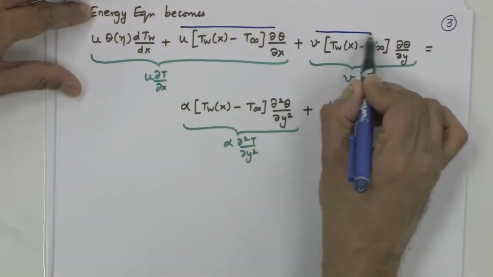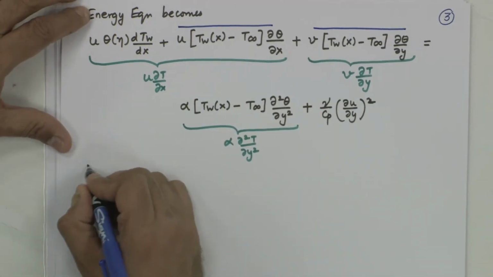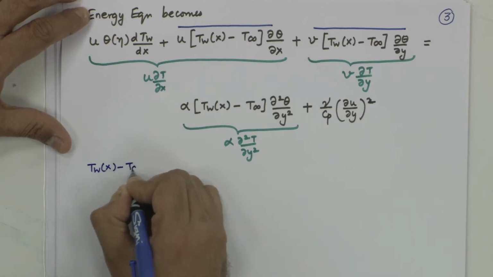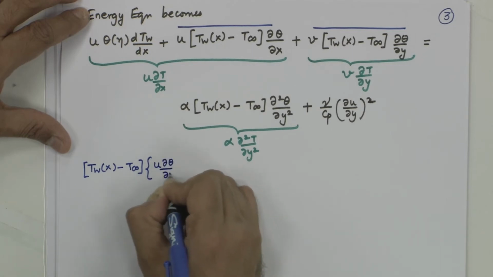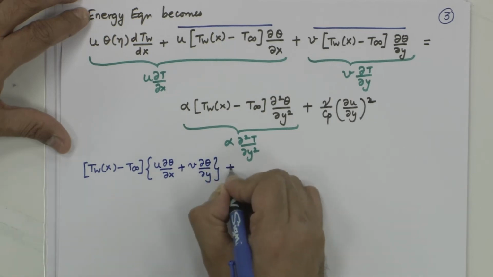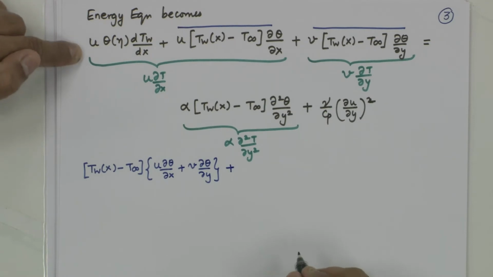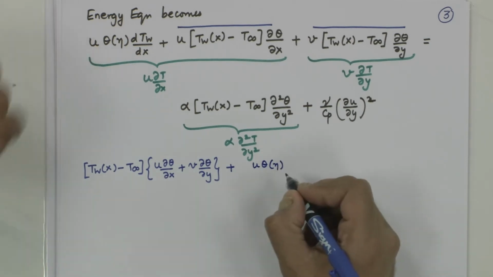Okay, so I have just done the maths like this, and now I will group terms which look similar. So just take a look at this one and this one. So these two terms are going to be combined. So I will get (Tw of x minus T infinity) times u d theta/dx plus v d theta/dy, plus this term which was left. This term which was left is nothing but u theta eta.